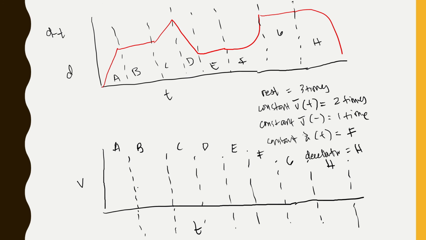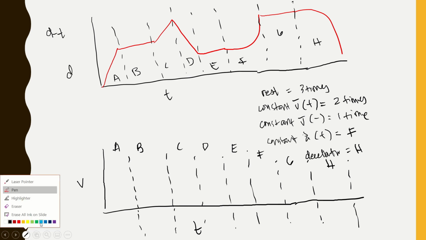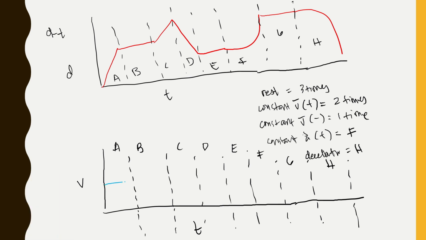So, you can have there, for letter A, meron kang constant na velocity in the positive direction. So, ang constant velocity naman sa positive ay a straight line lang or horizontal line.